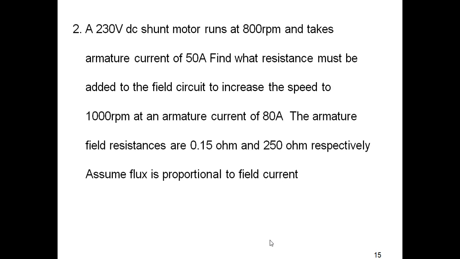Find what resistance must be added to the field circuit to increase the speed to 1000 RPM at an armature current of 80 amperes.